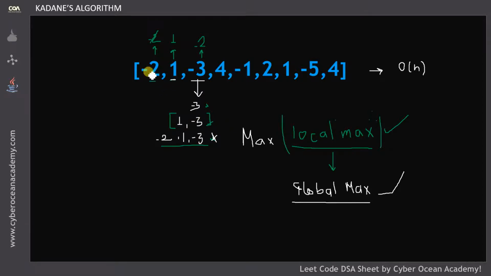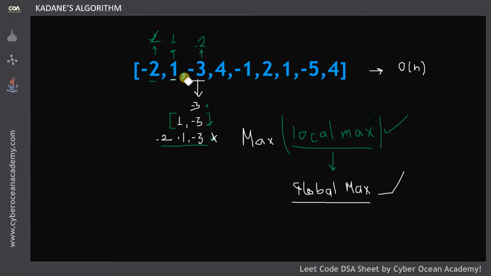Suppose this value was plus 2, that means the local maximum is 2 and 1, like the sum, so the local maximum is 3. The subarray goes from the beginning to this index, so we will only go for that.